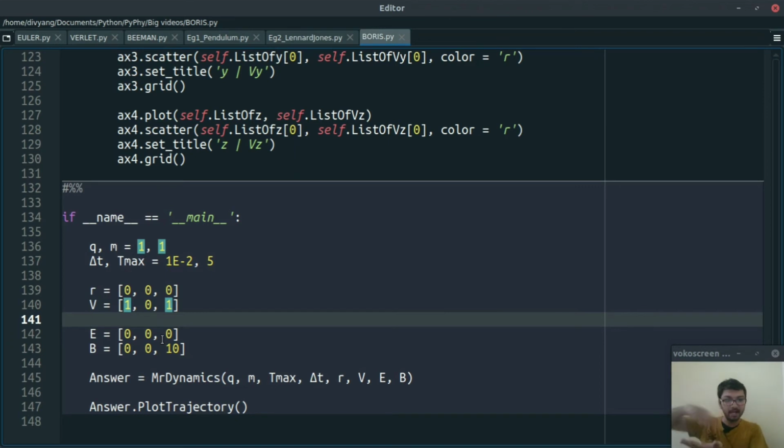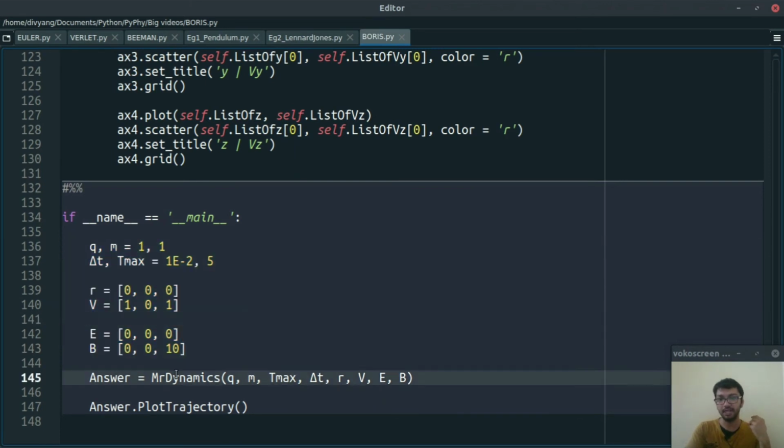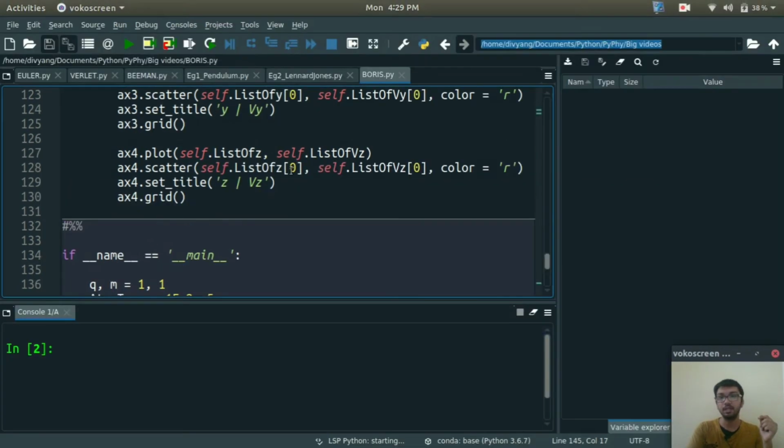So if we combine this rotational motion and linear motion in the z direction, we can expect a spiral-like pattern as an output. So let's pass all these arguments to our object Mr. Dynamics and see what we are getting.